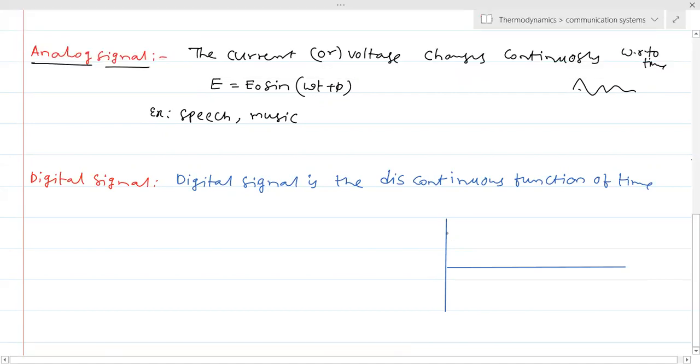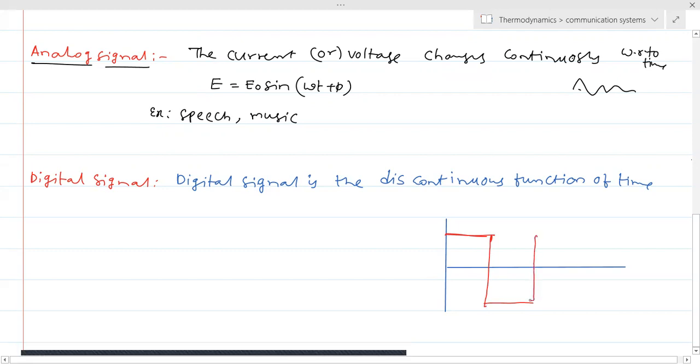Suppose you have a digital signal, the digital signal will be like this. So this will be a digital signal. This is the time and this is the EMF.